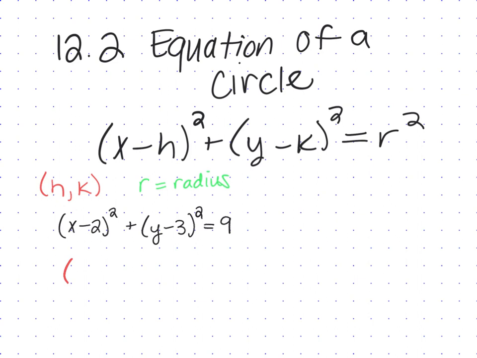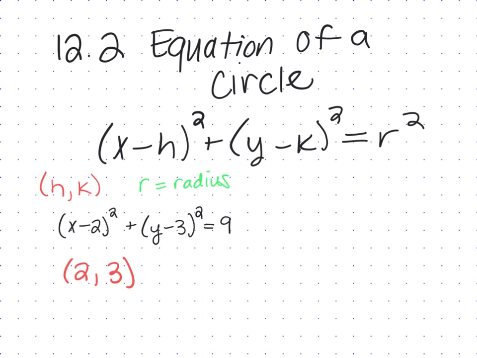Negative 4, negative 6? No, you said negative. Right, so it's minus in the formula, but you're just looking for the particular number, so it's positive. So the signs are backwards, kind of.